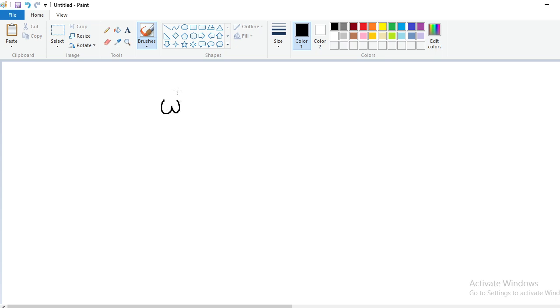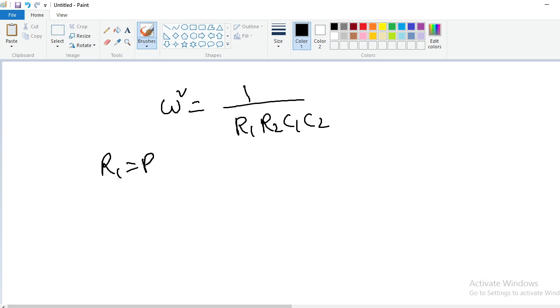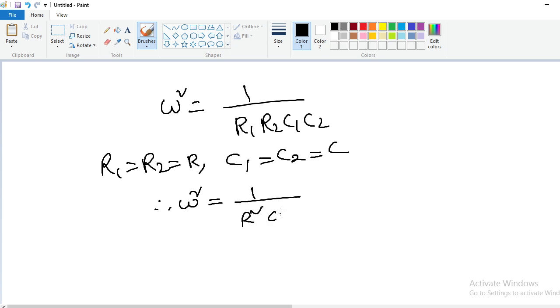Omega square is equal to 1 divided by R1 R2 C1 C2. So assume R1 is equal to R2 is equal to R, C1 is equal to C2 is equal to C. Therefore omega square is equal to 1 by R square C square. Obviously omega is equal to 1 by RC.